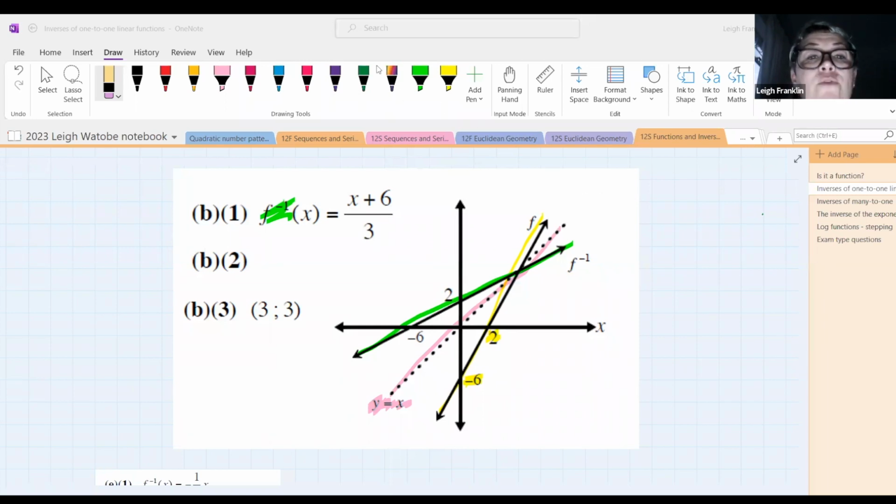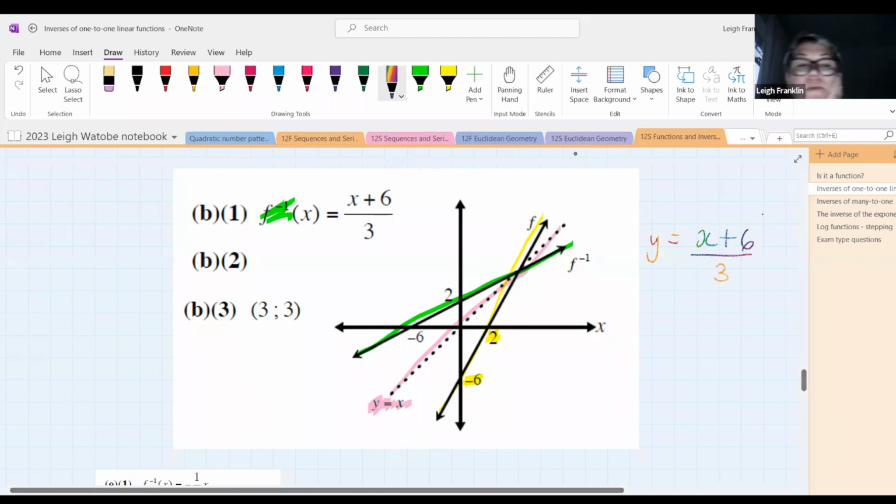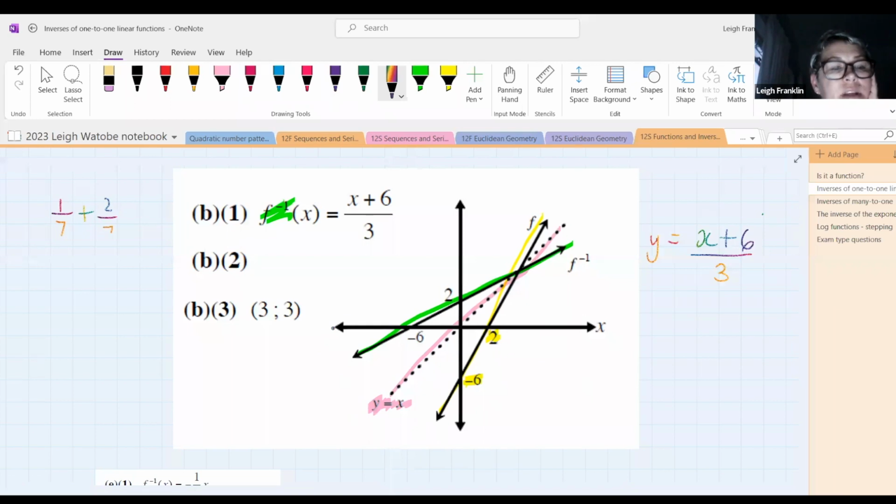If we have y equals (x plus 6)/3, remember when we were little in primary school, if I write 1/7 plus 2/7, you know that I can write that as (1 plus 2)/7. So the single denominator can be split between the two numerators.